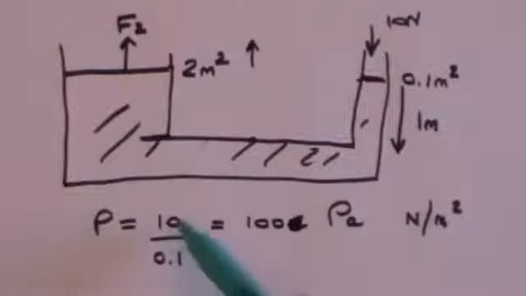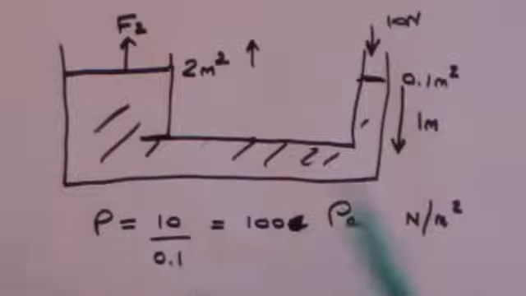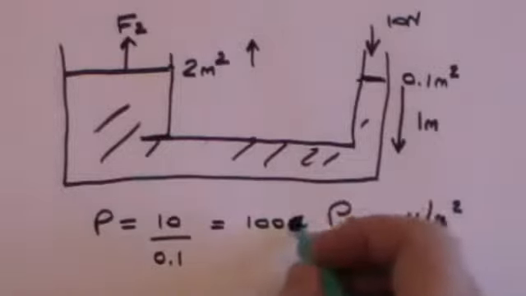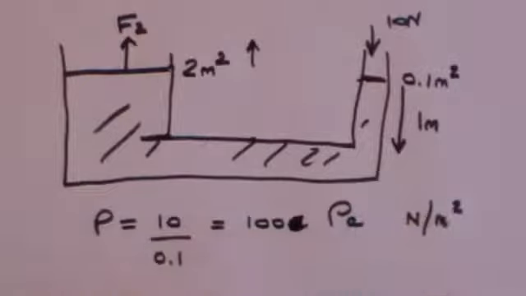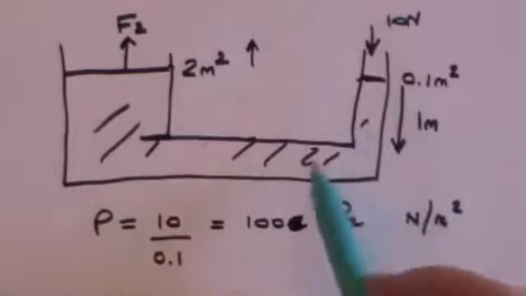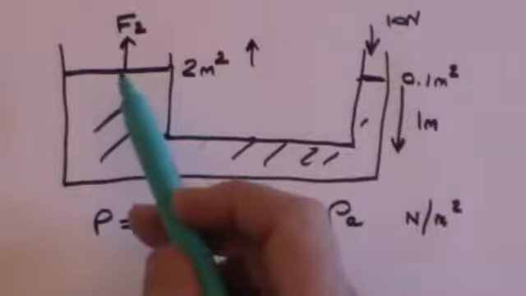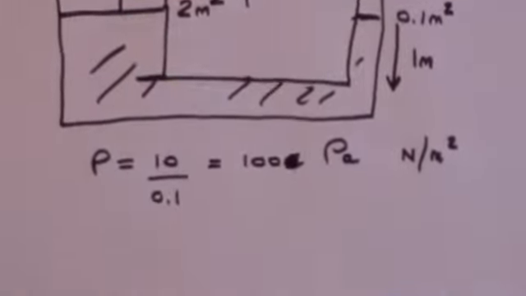Newtons per square meter, because this is force in newtons divided by area, which is in meters squared. So it's newtons per square meter, but it's actually given the name for pressure of pascal. So it's 100 pascal, and that pressure is transmitted here and becomes force over area here.